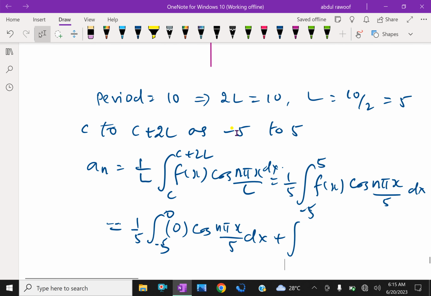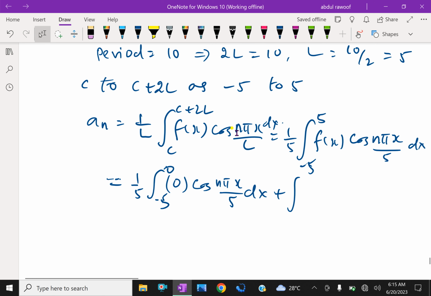So we have 0 to 5, f of x is 3, cos n pi x by 5.